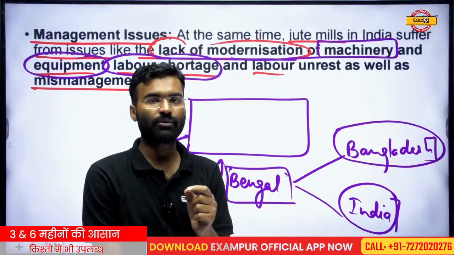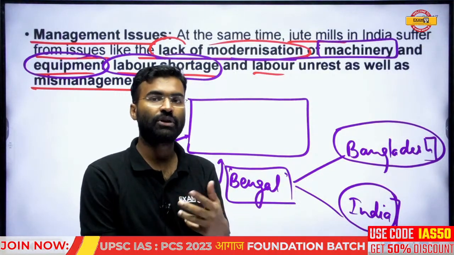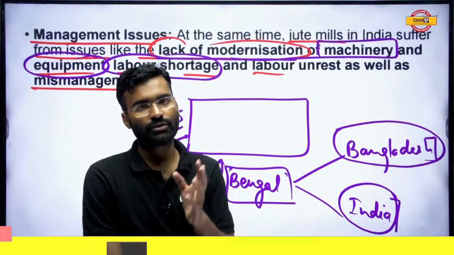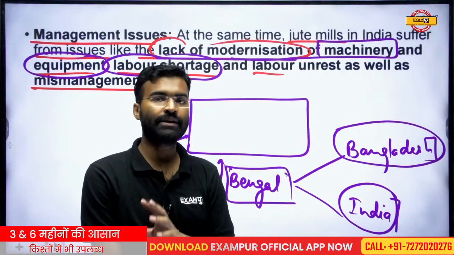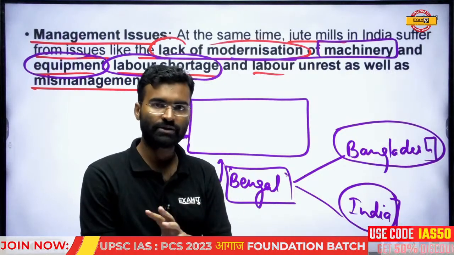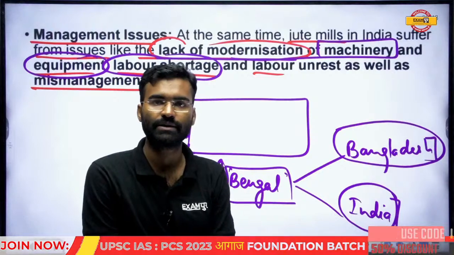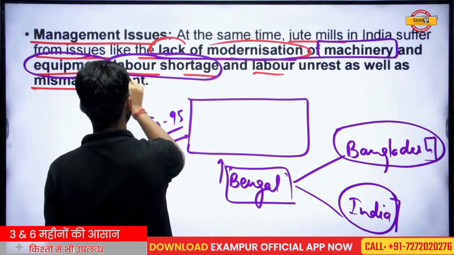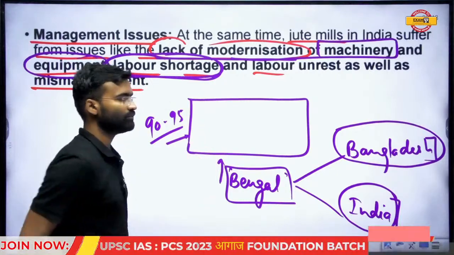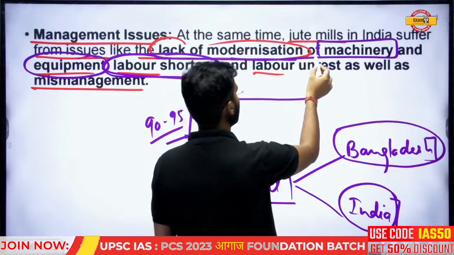In the processing time period, if you process jute, there is also a requirement of laborers. So this crop is labor intensive, as well as the industry. If labor shortage happens, then this industry will be affected. And labor unrest.